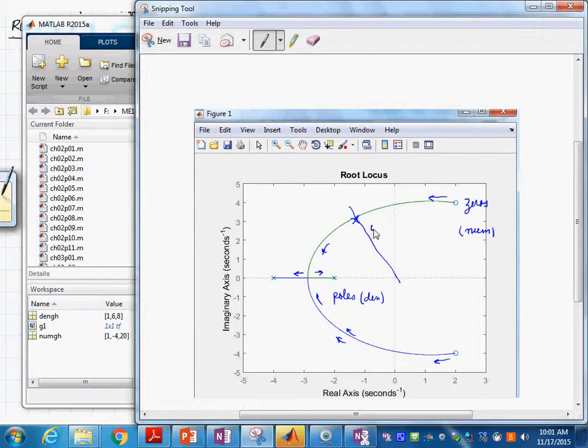This is the natural frequency of the system. Remember, this is the imaginary part. This is the real part. So this goes like this, and then see. Okay. So we need some tool that would allow us to examine what the plot actually means.